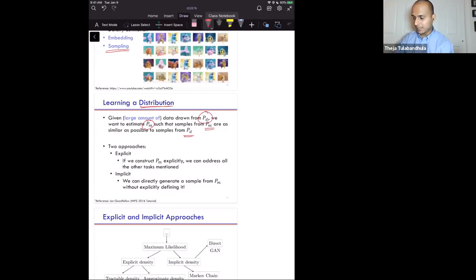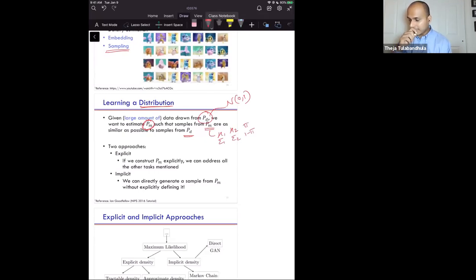Let's say PD was itself a normal distribution. We got 100 samples from it, and it just so happens we are trying to fit a model which happens to be a mixture of Gaussians. So if it's a mixture of Gaussians, we'll have parameters mu1, mu2, and sigma 1 and sigma 2, and a mixture proportion pi and 1 minus pi.